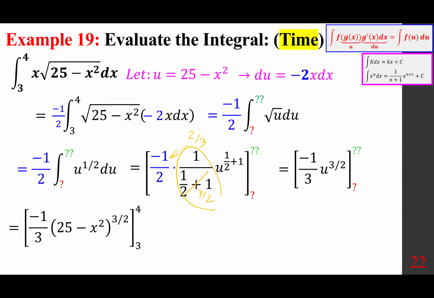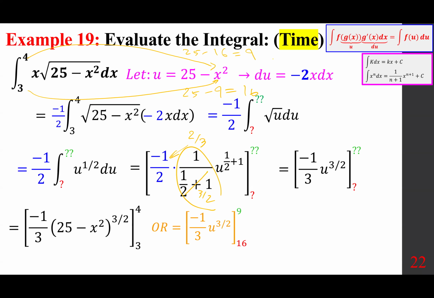And you can go back to the original variable and original limits. However, if you want to go to the new ones, if you plug in 3 here, 3 squared is 9, 25 minus 9 is 16. If you put 4, you get 16, 25 minus 16 equals 9.